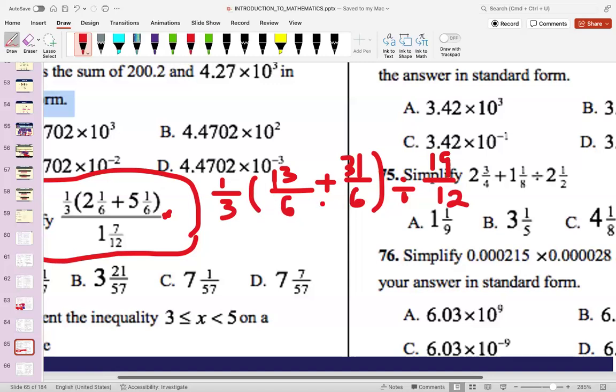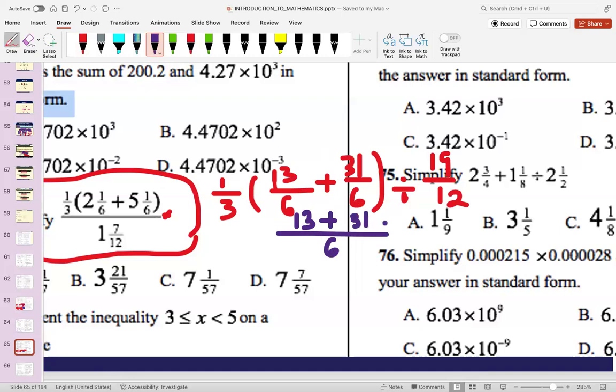Then you have a straight line equation like this, right? Brackets first. So let's work what is within the brackets. We find our LCM. LCM is 6. 6 here, 1 times 13, you have 13 plus 6 here, 1 times 31, you have 31.